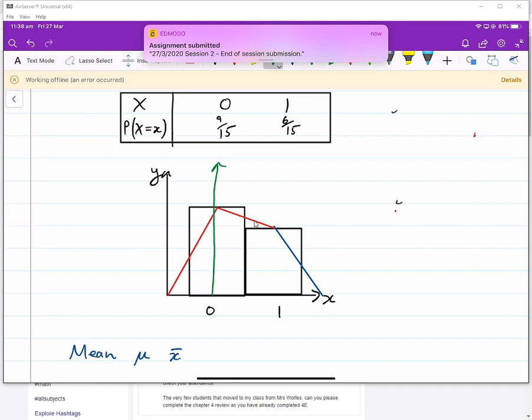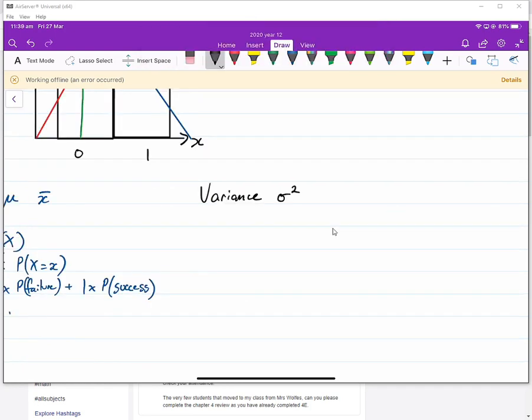Our variance, which hopefully we know, has two symbols that we'll use. Our variance is sigma squared, the square of the standard deviation, or we could just use variance of x, and this is what they show on the formula sheet.